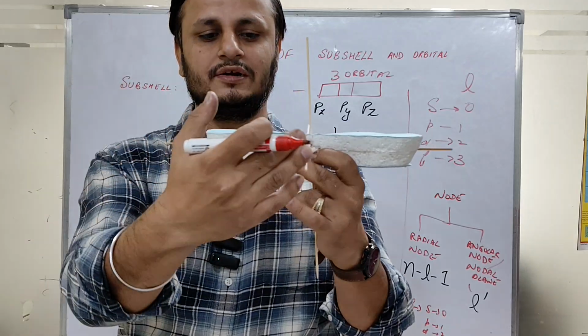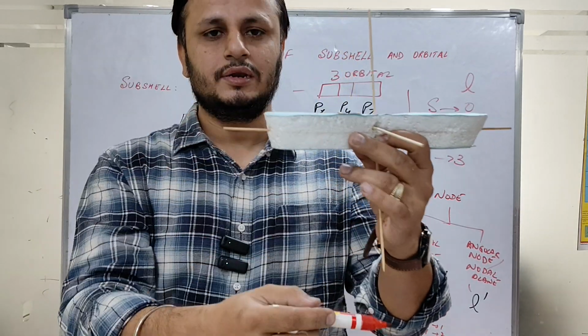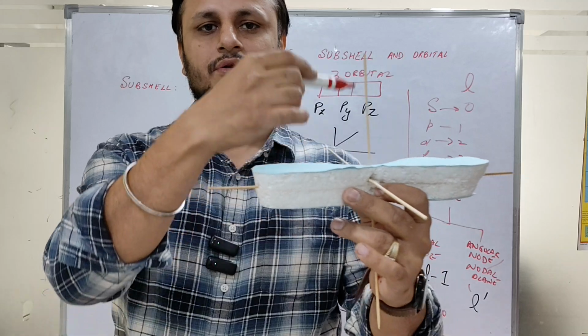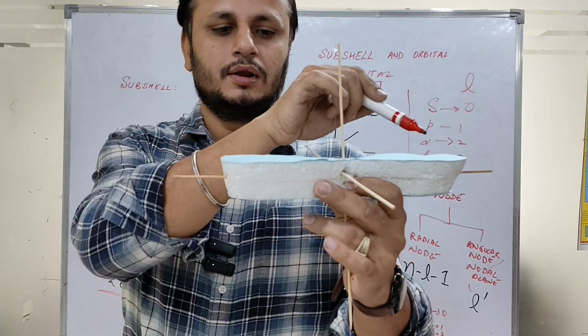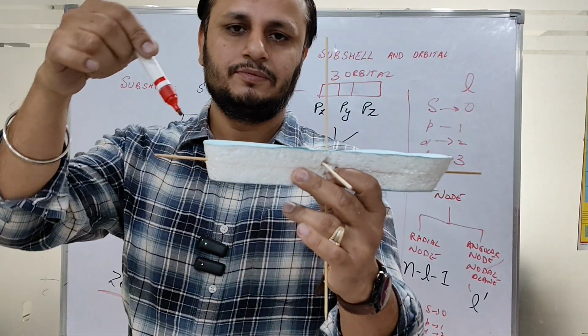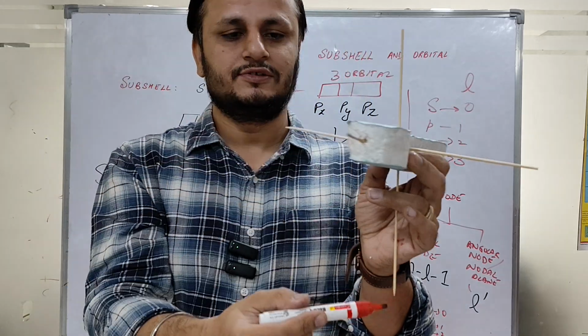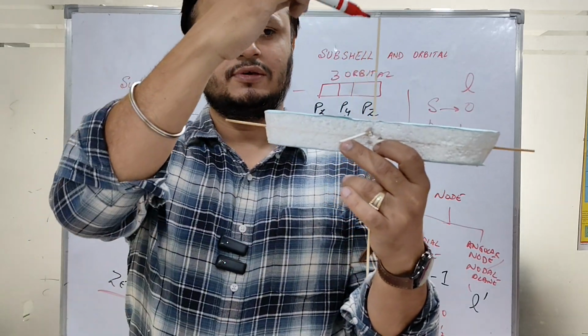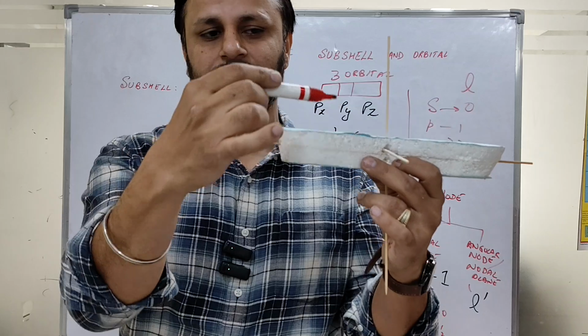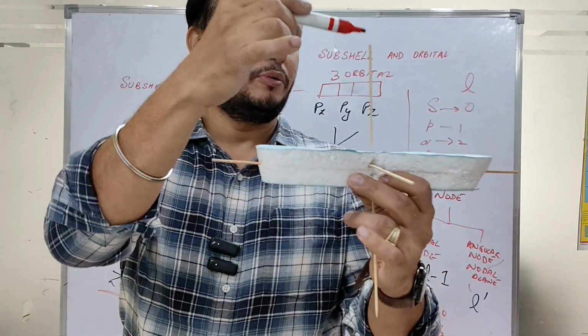So y and z do not contain any orbital when the orbital lies along Px. The y-axis and z-axis have 0 probability.